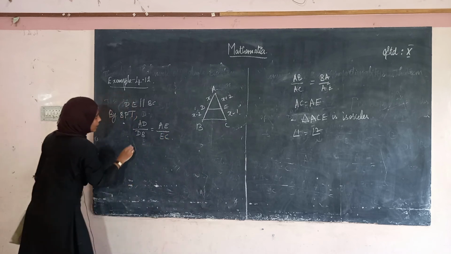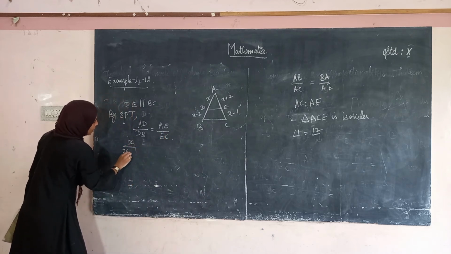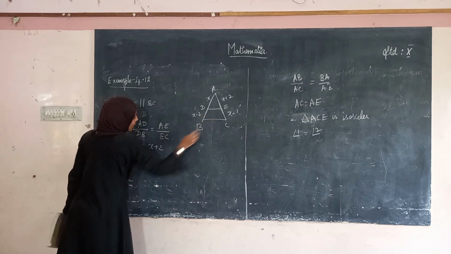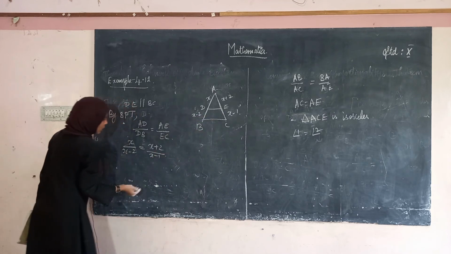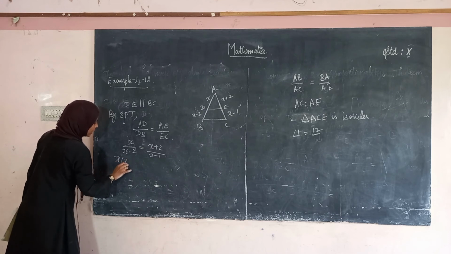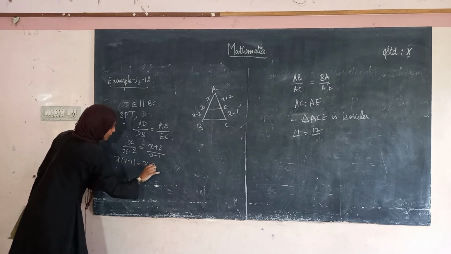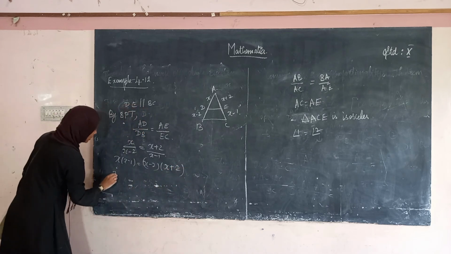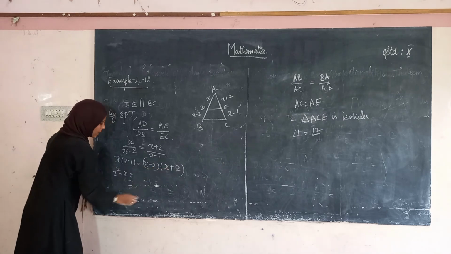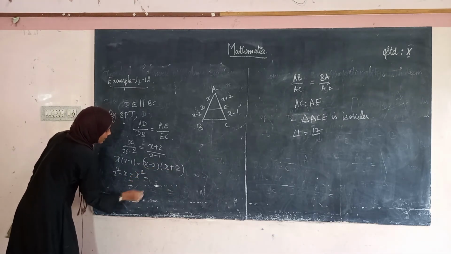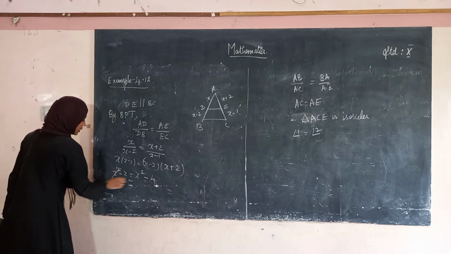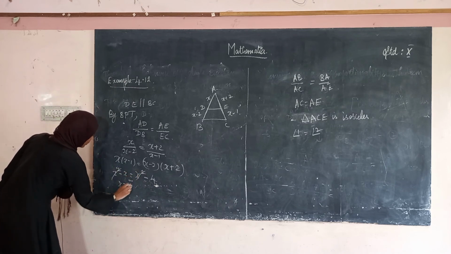AD is X, DB is X minus 2, AE is X plus 2, EC is X minus 1. On cross multiplying, X into X minus 1 is equal to X minus 2 into X plus 2. This is X square minus X. A minus B into A plus B is A square minus B squared. So X square gets cancelled.